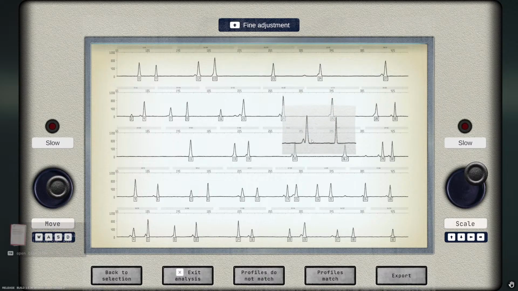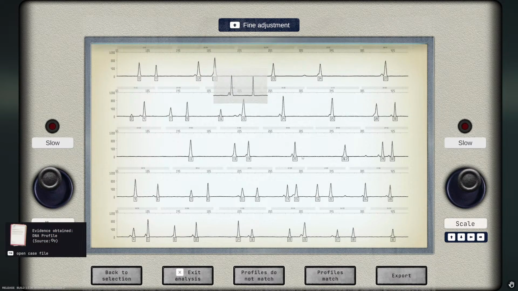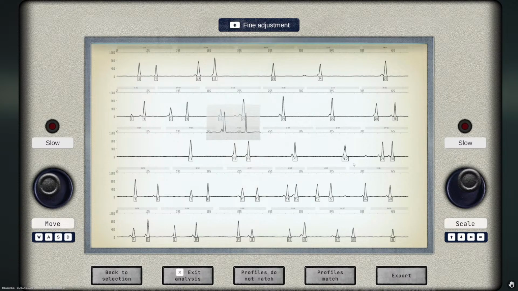Alright, what we're looking for is a spike up. A tiny spike up, and then the second one has no spike. Okay, it's a pretty pointy spike as well. So it's pretty obvious.